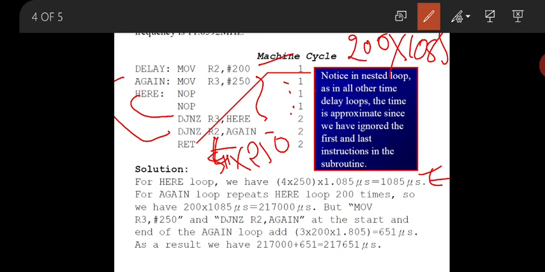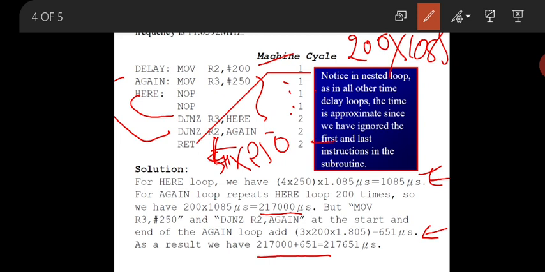There is one more thing: I want to calculate the total delay for the program. MOV R3 comma 250 and DJNZ at the start and end of the loop will take 651 microseconds. Since they are getting added, the total time period is 217000, because I have to add.